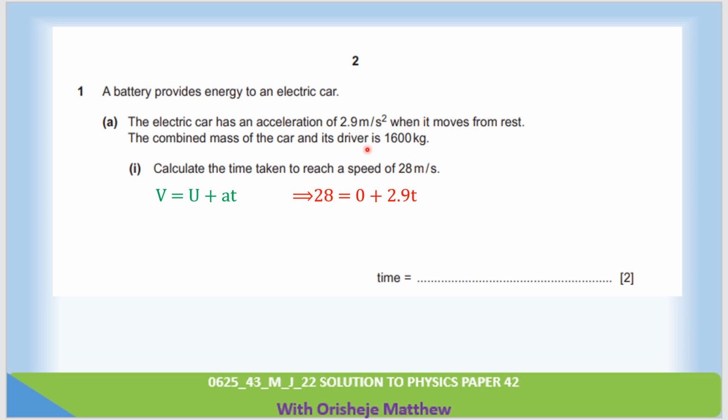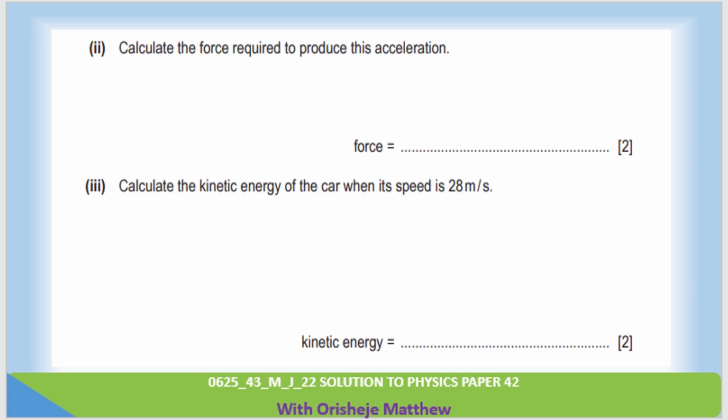What is the acceleration? a, 2.9, multiplied by time. So all you have to do to get your time is divide both sides by 2.9, that will give you your t. So the time taken for the car to accelerate from 0 to this speed is 9.655 seconds, approximately 9.7 seconds. So that is the time taken.